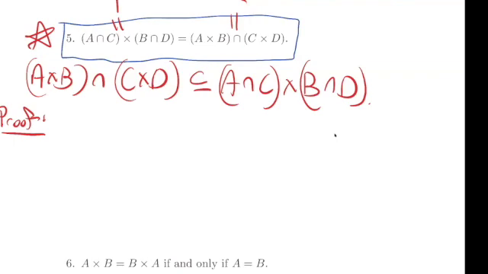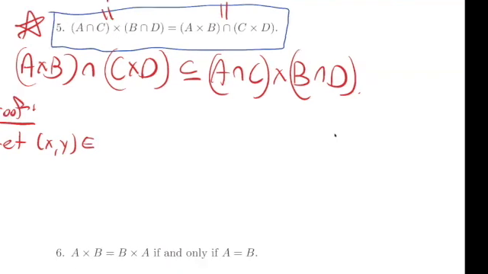We can start by assuming (X, Y) in A cross B intersect C cross D, which means that (X, Y) is in A cross B, and (X, Y) is also in C cross D.